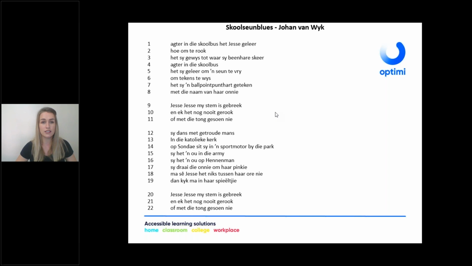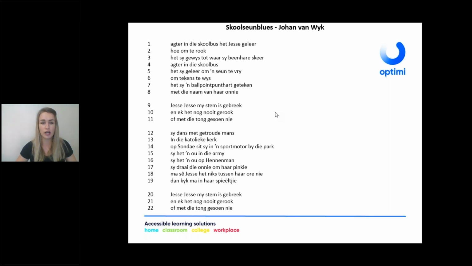Agter in die skoolbus het Jessie geleer hoe om te rook. Het sy gewys tot waar sy beenhare skeer. Agter in die skoolbus het sy geleer om 'n seun te vry, om tekens te wys. Het sy 'n ballpoint punt hart geteken met die naam van haar onnie. Jessie, Jessie, my stem is gebreek en ek het nog nooit gerook of met die tong gesoen nie.